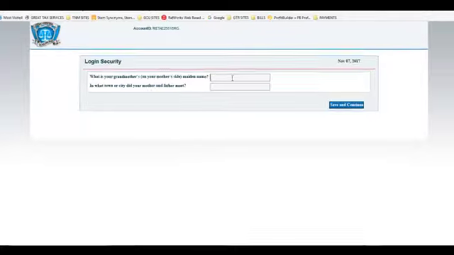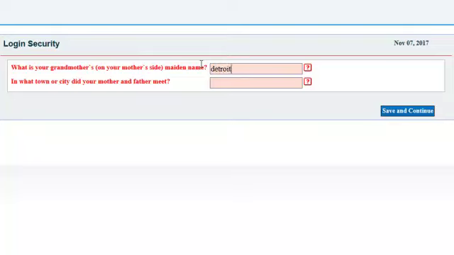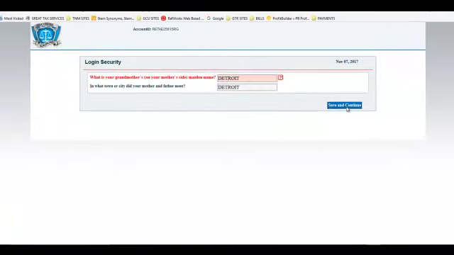And we have another security here that we're just going to see if we're going to eliminate this one. If I could learn to type, I'd be in business. Save and continue. Oh, mother's maiden name.